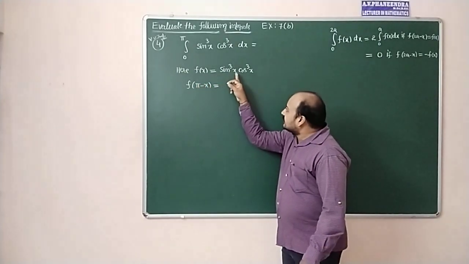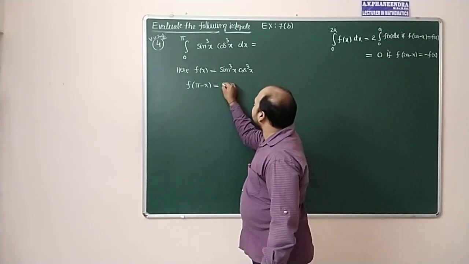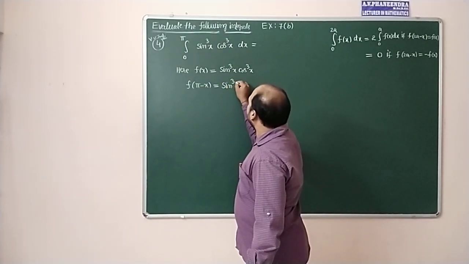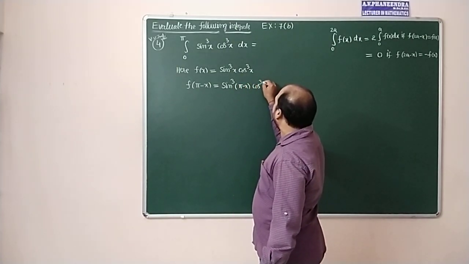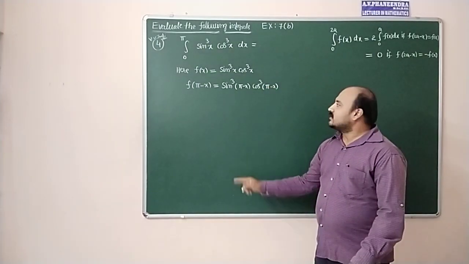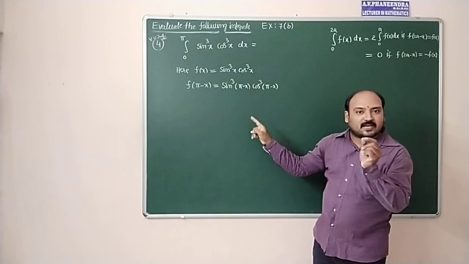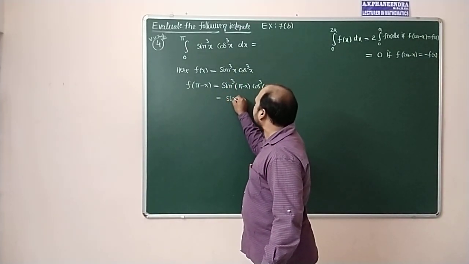That means wherever x is there in this function, you have to replace with pi minus x. So sin cube of pi minus x into cos cube of pi minus x. Sin of pi minus theta is sin theta. So sin theta whole cube. Again sin cube theta only will come. That means sin cube x.